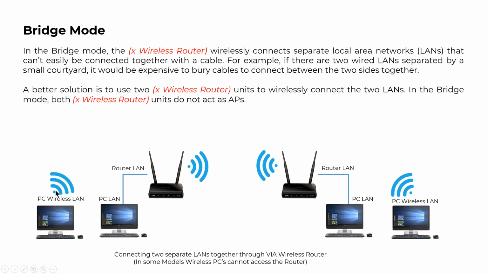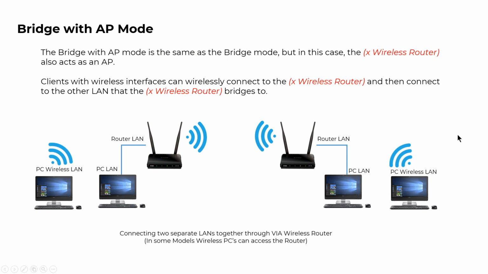This wireless PC, when it tries to connect via wireless, will not have access. Only the LAN PC will have access. As mentioned below, this connects two separate LANs together via the wireless router. In some models, wireless PCs cannot access the router. When you are applying a configuration, you need a PC with a LAN cable, or a laptop, to access the router and apply the configuration. This is the bridge mode.